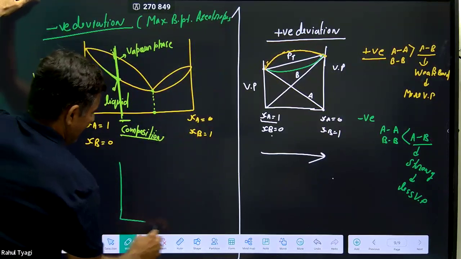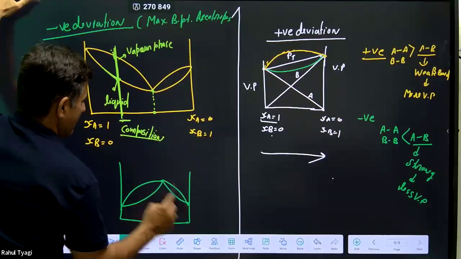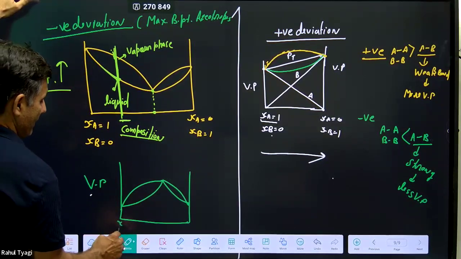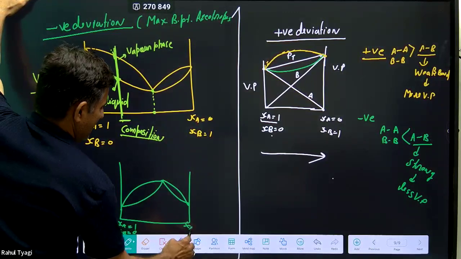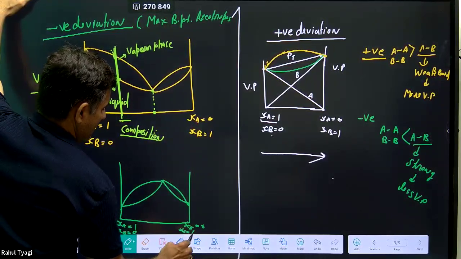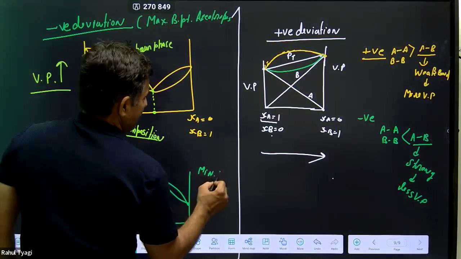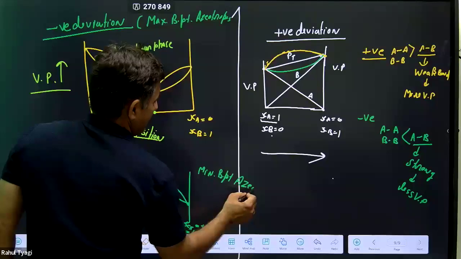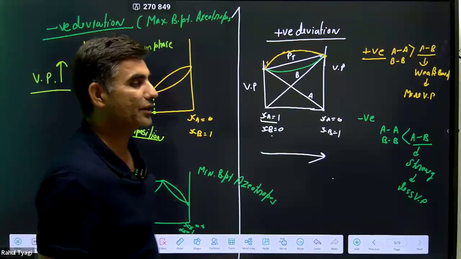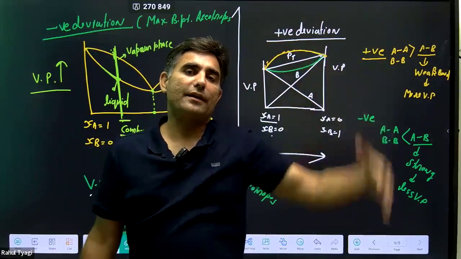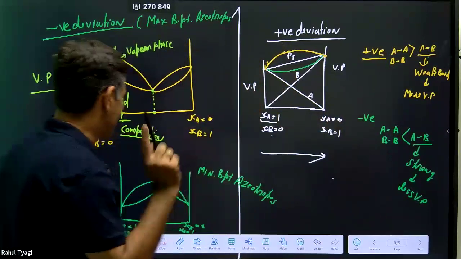And if suppose the graph is like that, here vapor pressure is increased. Vapor pressure is increased, it means minimum boiling point azeotrope. या मैं बोल सकता हूँ न्यू बॉन्ड कैसा आएगा? वेपर प्रेशर इंक्रीज हो रहा है तो if vapor pressure is increasing, that means it's a positive deviation because the new bond is a weak bond, then only vapor pressure can increase.